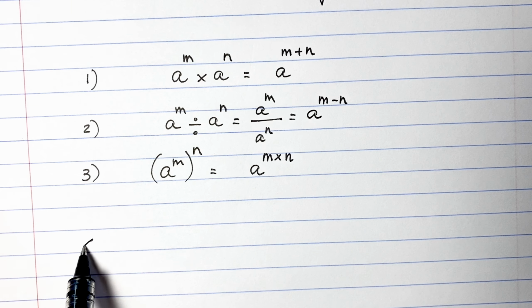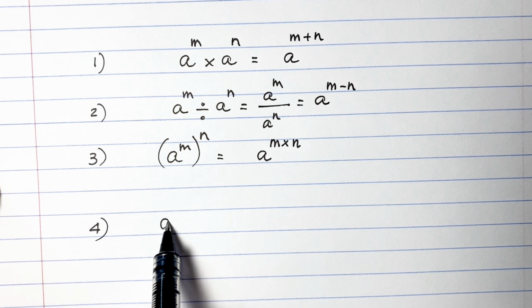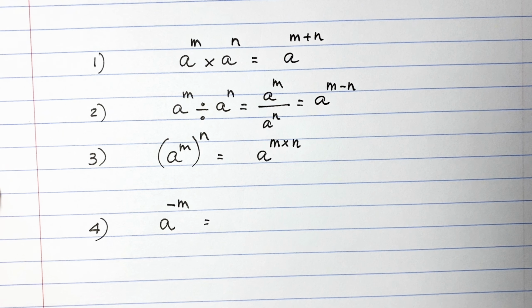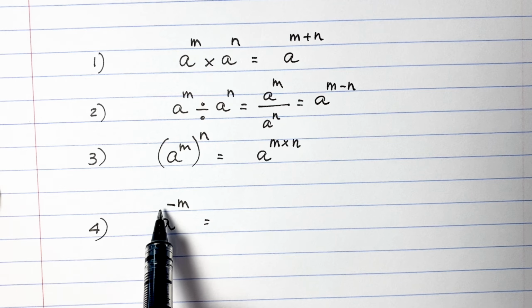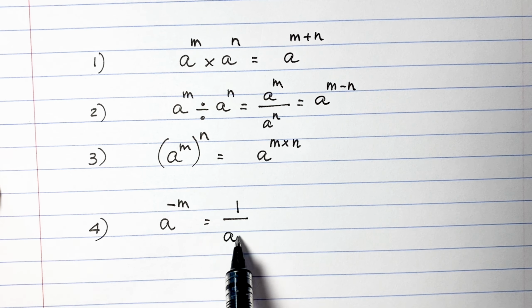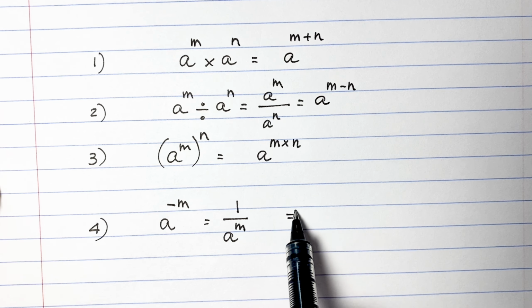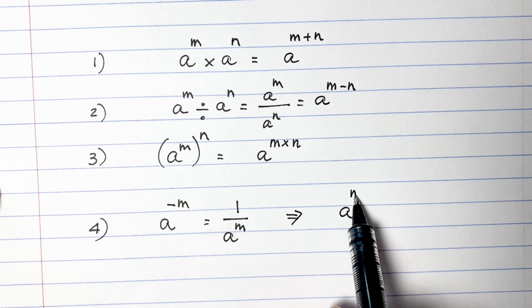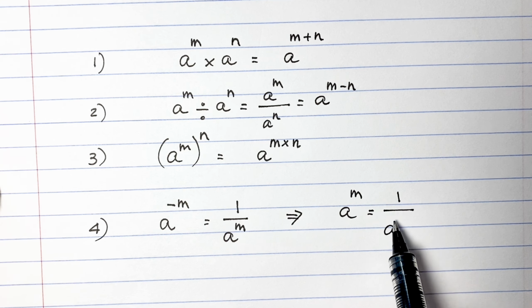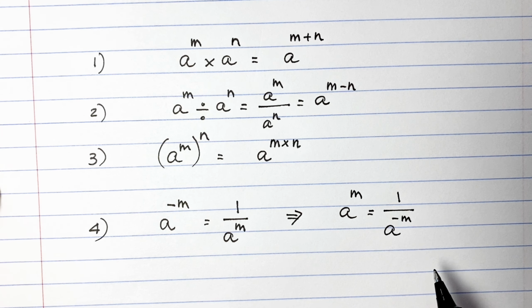Law number 4, when we've got a negative power, it's a single number. To change minus to plus or plus to minus, you write 1 over. Of course, if you had a positive power and you wanted a negative power, that can be written a to the power of minus m.